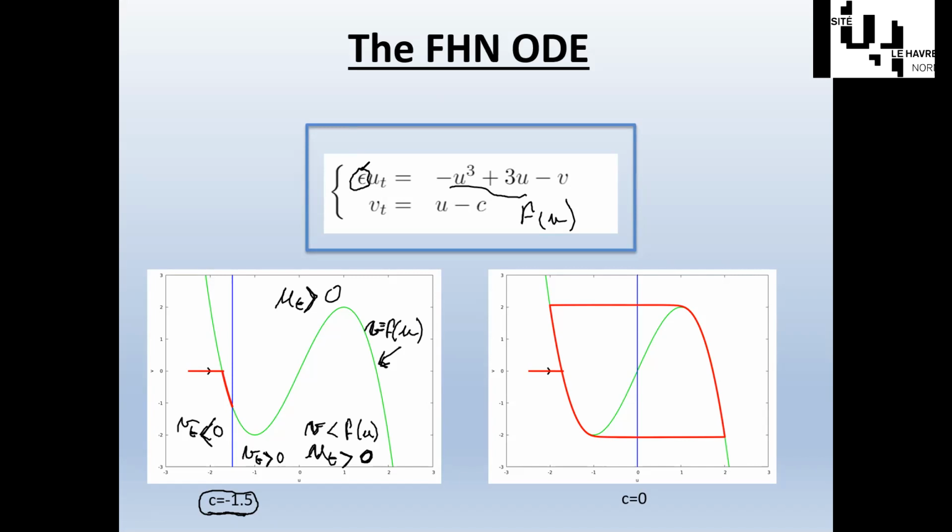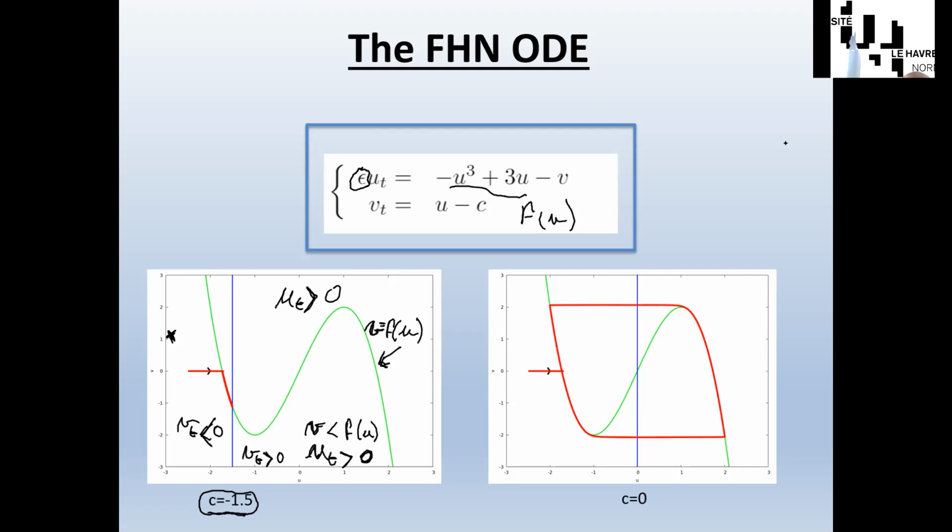This means that when I am not close to this green curve here, if my initial condition is here, I will put some other color. Sorry, I made a mistake here.